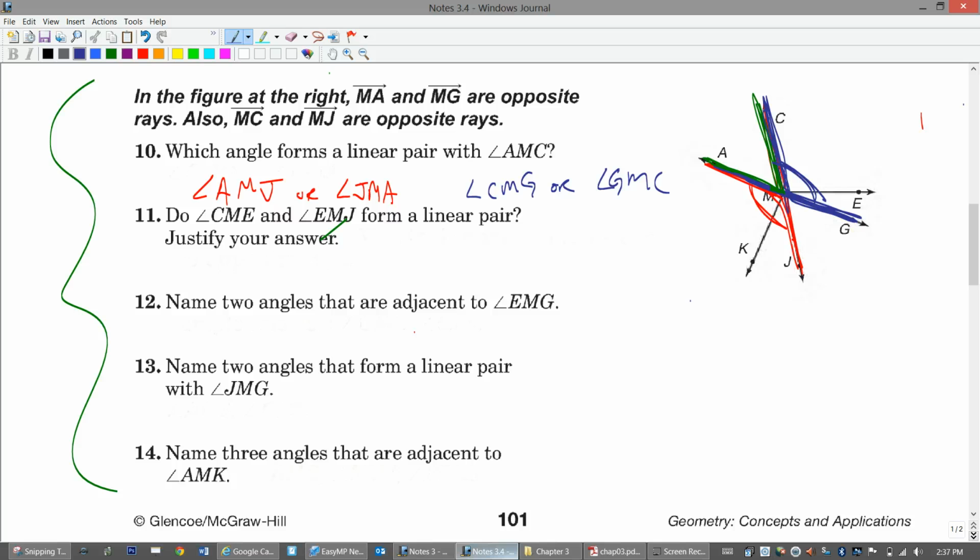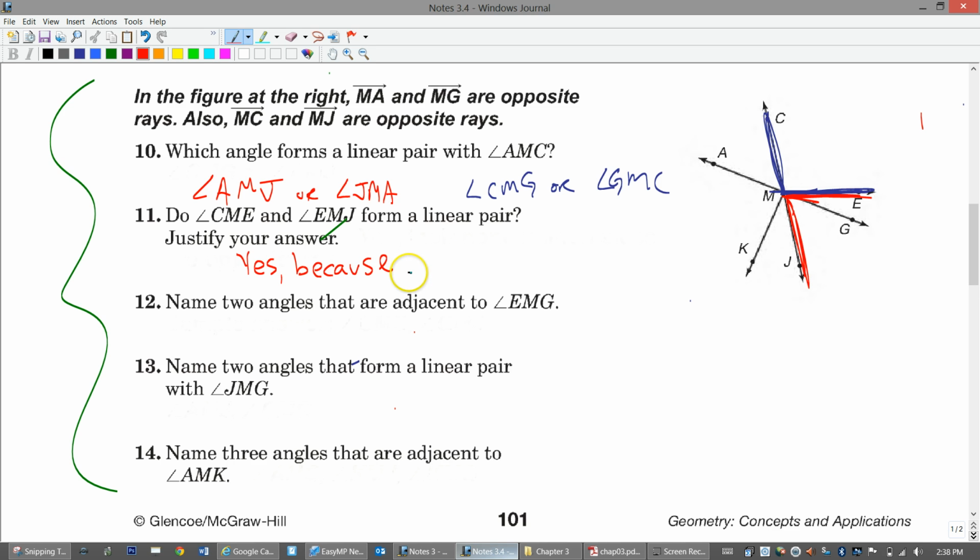Okay. Do CME, so I'm going to erase that, scribble all over again. Do CME and EMJ form a linear pair? Yes, because. If you just said yes because, anyways, yes because why is really what we want, right?